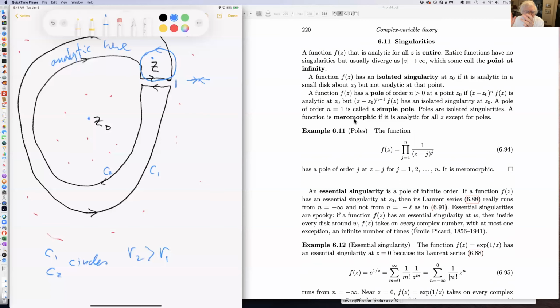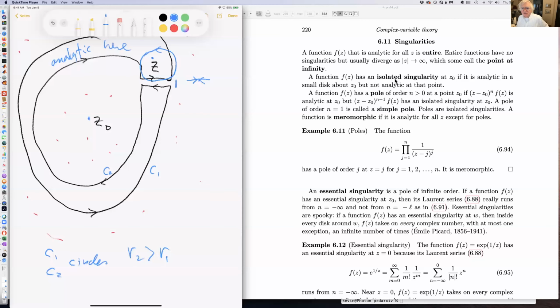On the other hand, they usually diverge as z goes to infinity, and some people call that the point at infinity. People who do that like to say then that every analytic function has a singularity somewhere. If it's not in the finite complex plane, it's out there at infinity. I don't think that's a particularly intelligent way to look at things, but that's what people often do.